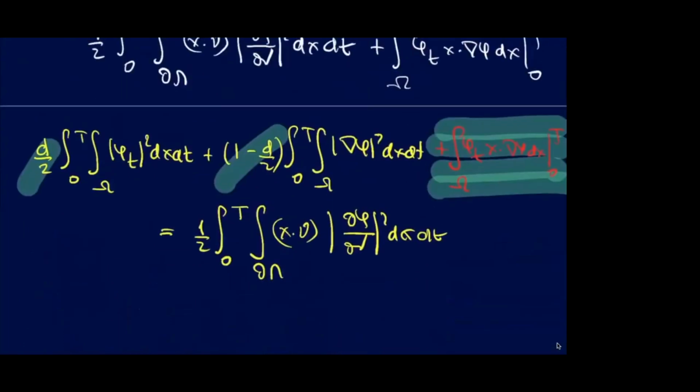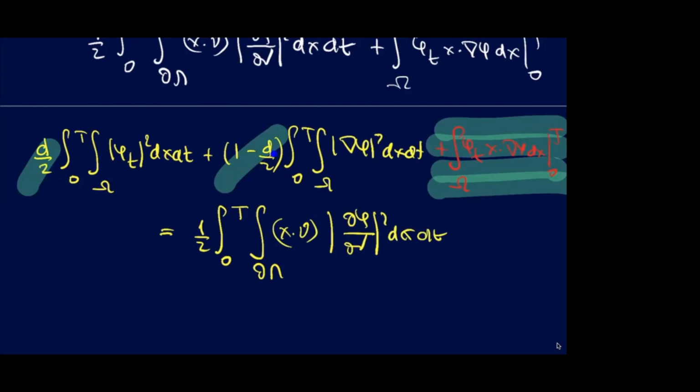In which I said, well, everything looks nice because I see here the kinetic energy. I see also the potential energy, and I see also the energy measured on the boundary. So I have the three ingredients that are needed to prove the observability inequality. But I made a warning, in the sense that, listen, be careful, because here you have d over 2 and 1 minus d over 2.